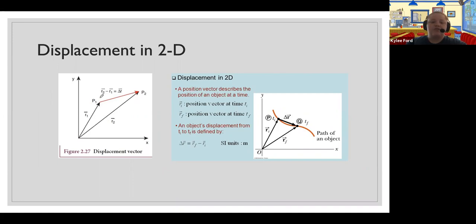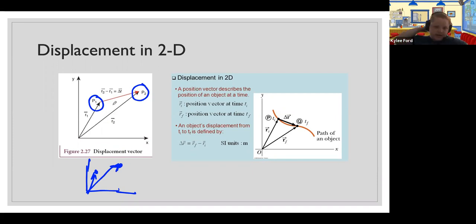We have two vectors that represent some point, say P1 and P2. We can describe these two points using vectors like we have here. That one's a little bit off, but you get the gist.